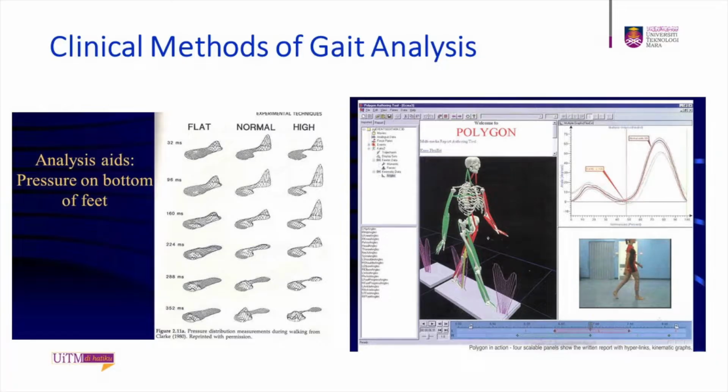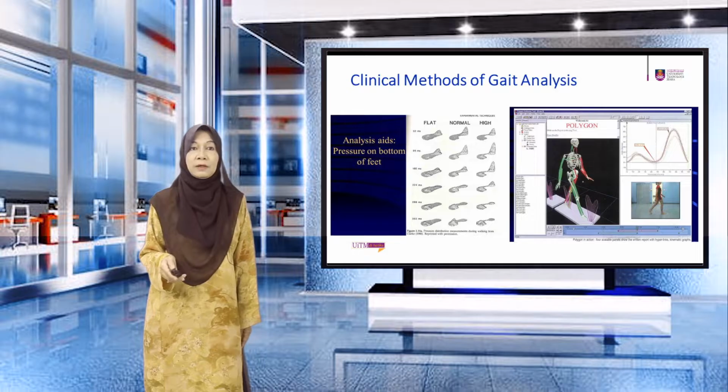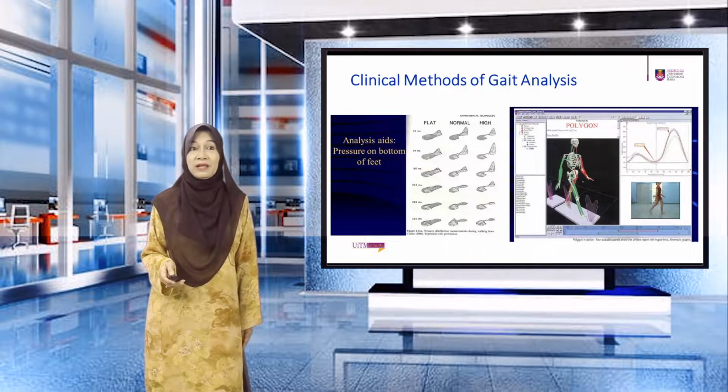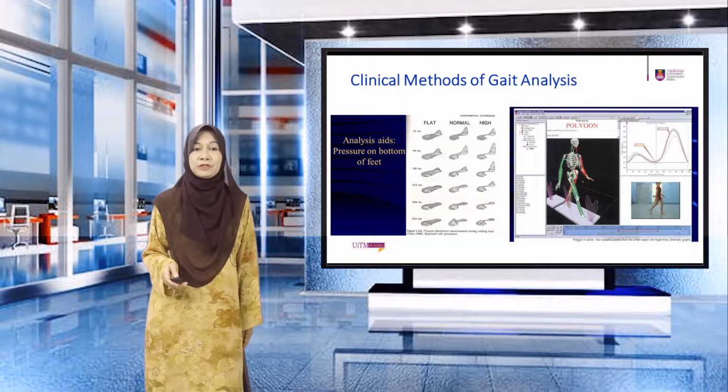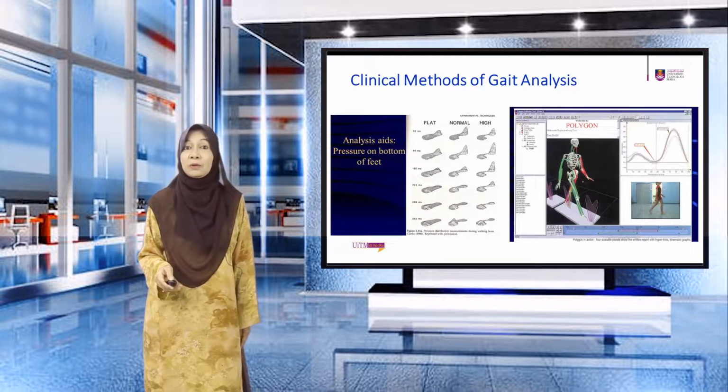These are some of the clinical methods of gait analysis being utilized at the moment. A popular one is based on the ground reaction force, which is the pressure on the bottom of the feet. For example, on the left hand side, you can see flat, normal, and high arch images, due to the pressure distribution of our foot.